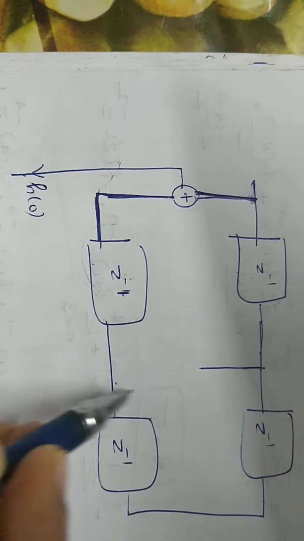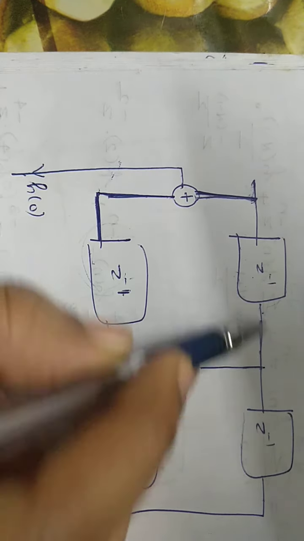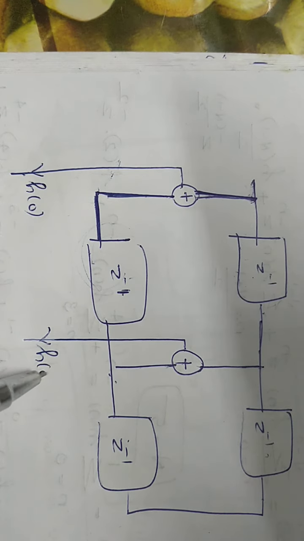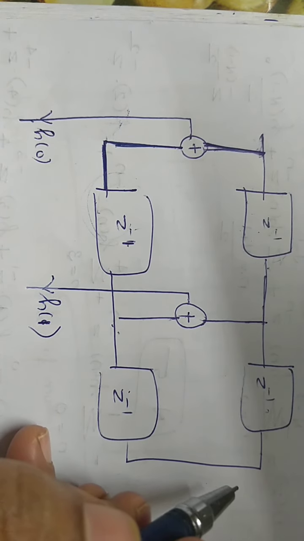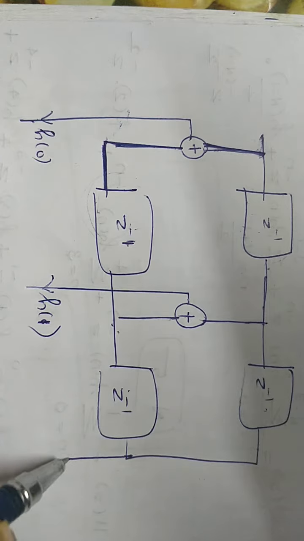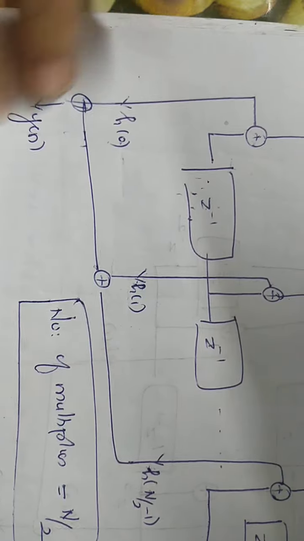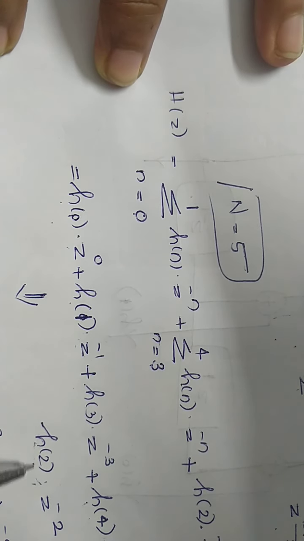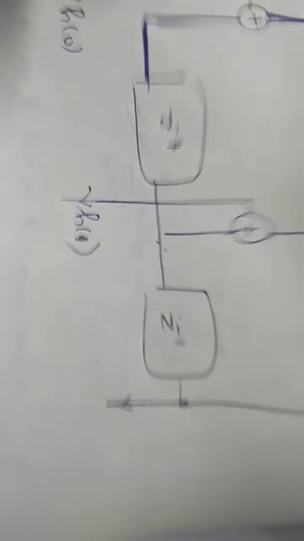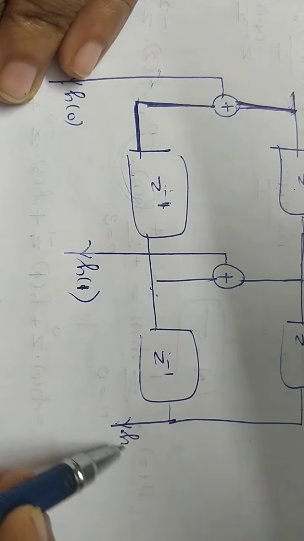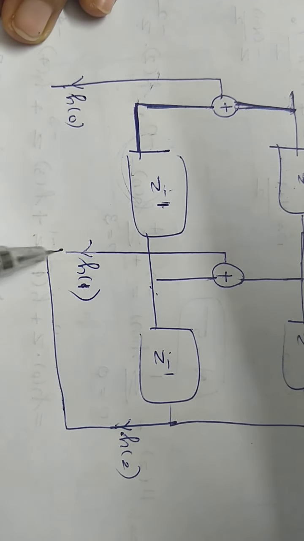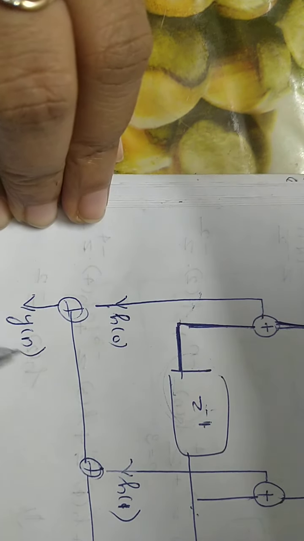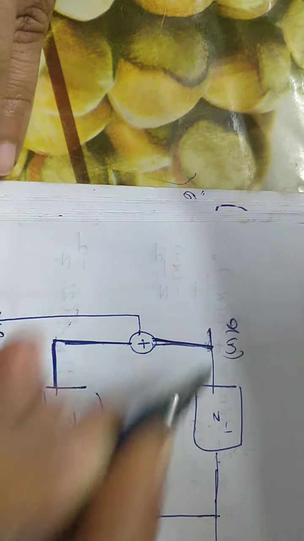Then the z inverse term and z raised to minus 3 terms are added and multiplied with h of 1. Then the z raised to minus 2 term, the last term, that is z raised to minus 2 into h of 2. All these terms are added to get y of n, and here x of n is provided.